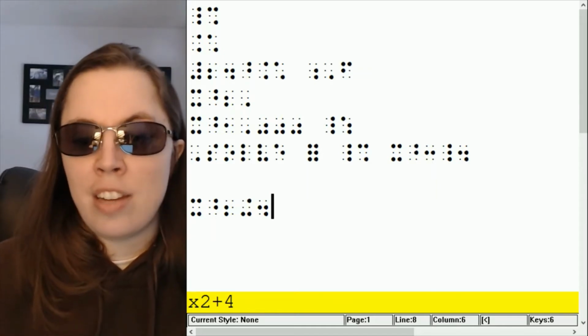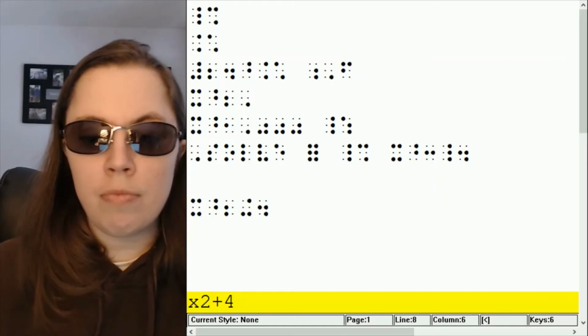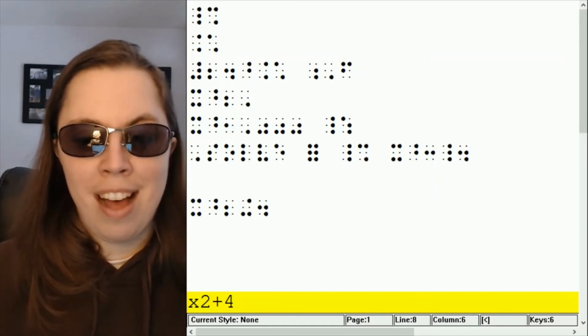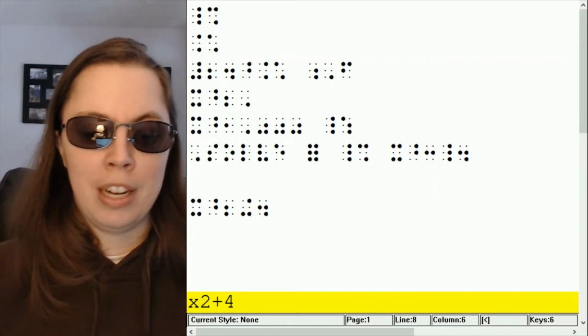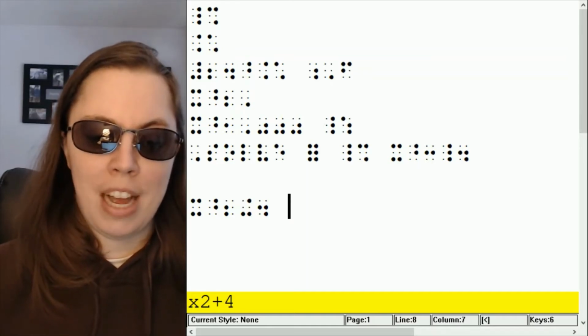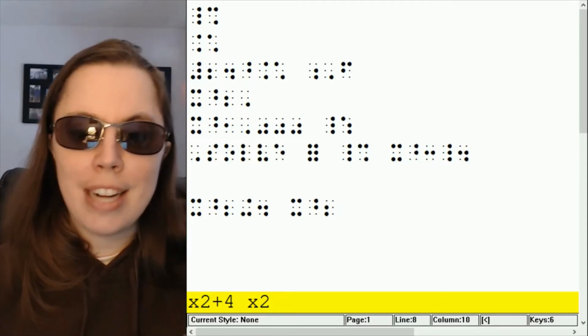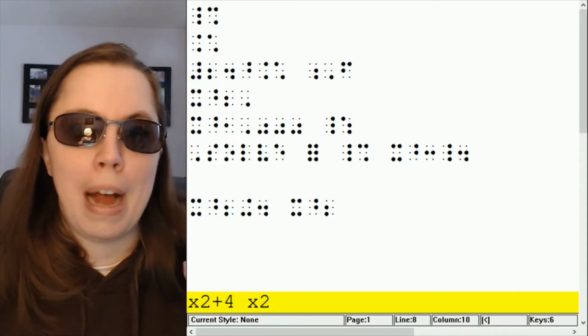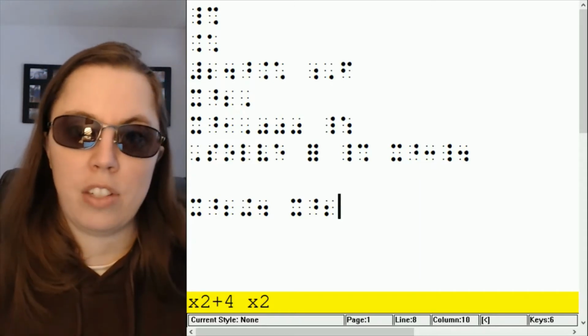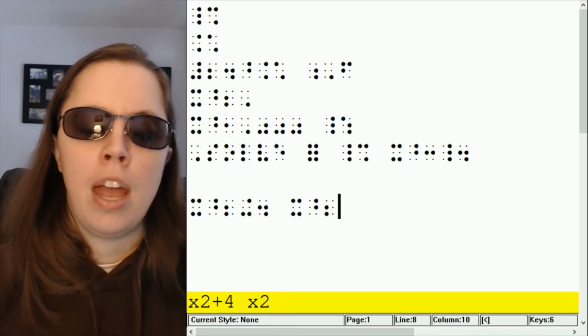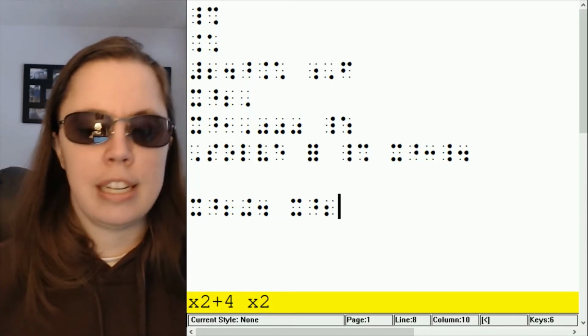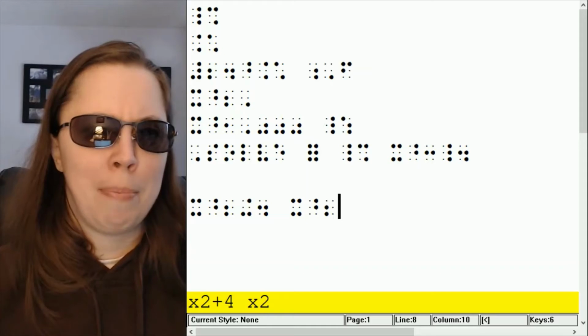That is x to the power of 6. X to the power of 6 is not the same as x to the power of 2 and then plus a 4 on the baseline. That would look like x to the power of 2, and then I've got to come back down somehow before my plus sign if I want it to be x squared plus 4. X squared plus 4 is a little easier to solve, so that's definitely what I mean to say.